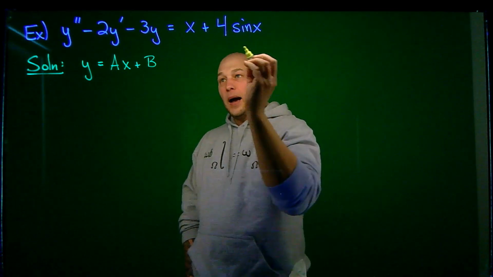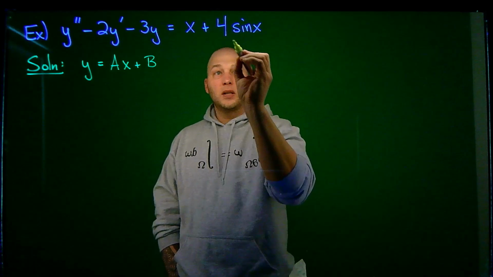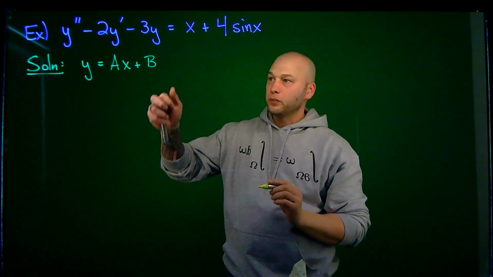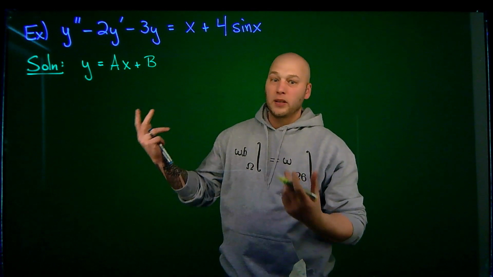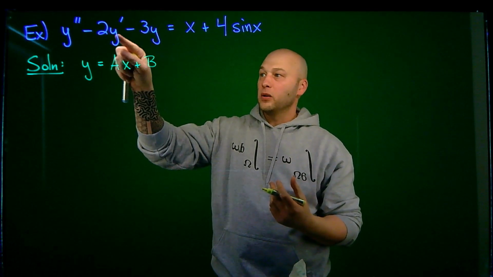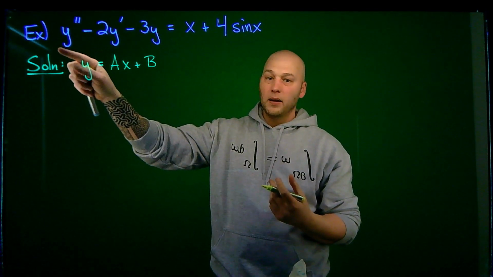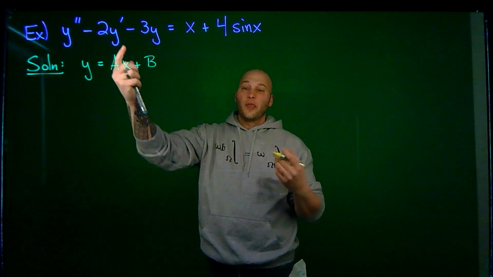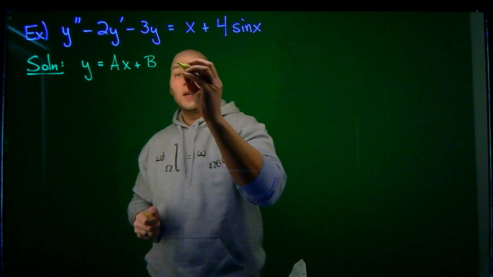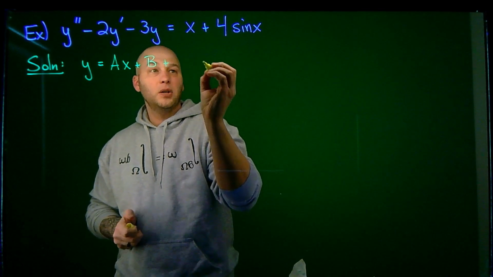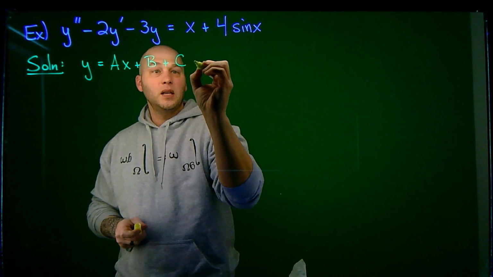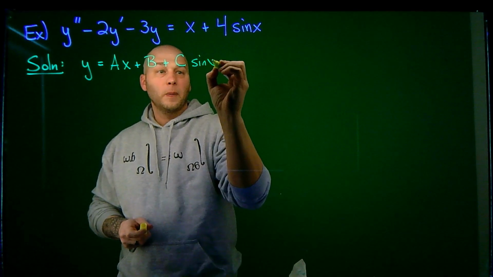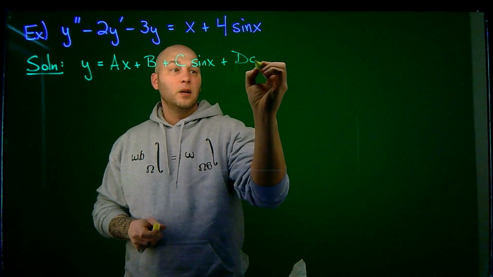Now, I have to somehow take a linear combination to get a sine function. Let's just say I pick just sine. I'd have a sine here. This would give me a cosine. This would give me a sine. But I'm going to somehow have to be able to cancel that cosine. Therefore, what I would have to have is some combination of, say, c sine x plus d cosine x.